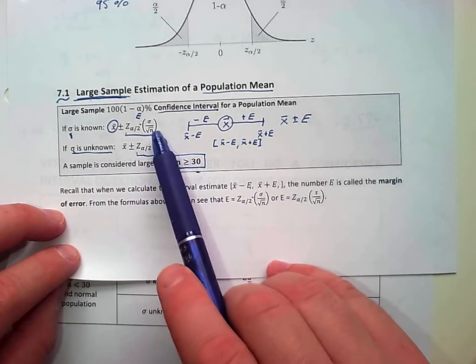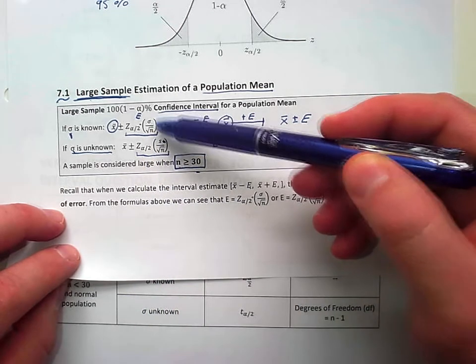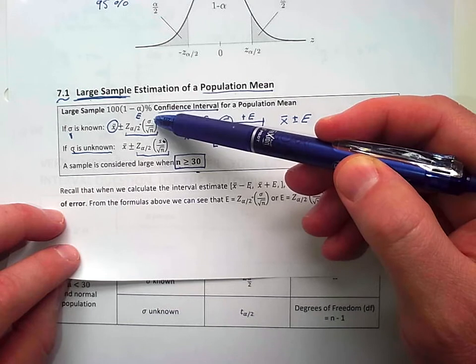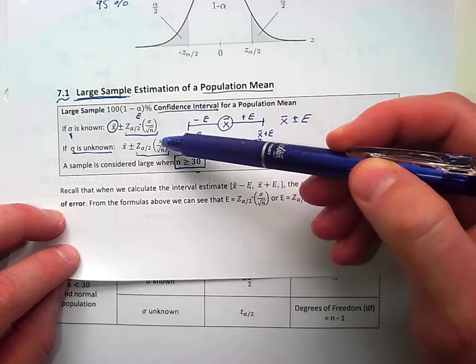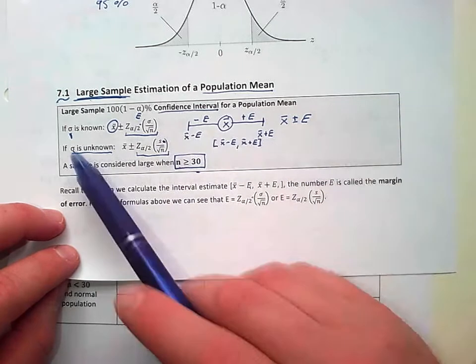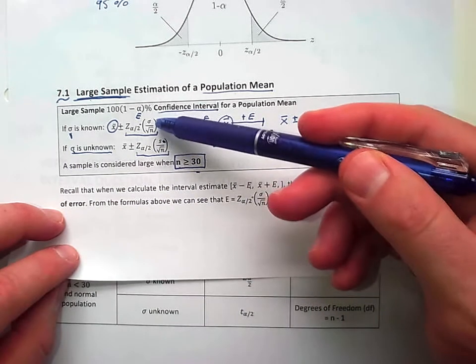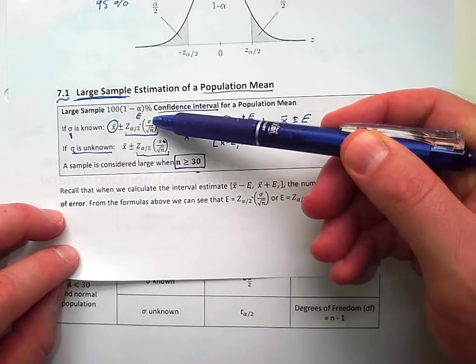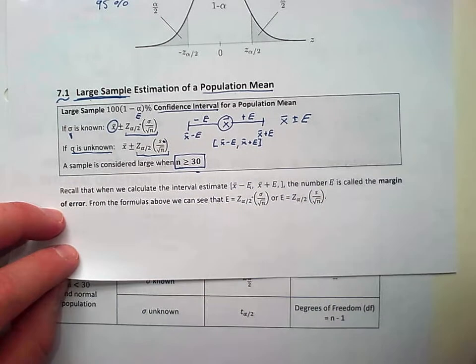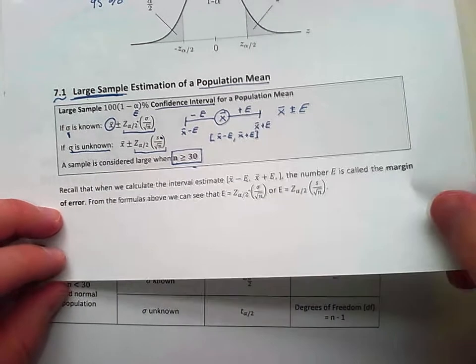But like I pointed out in the last lecture video, what changes between these two formulas is what's inside the parentheses, more specifically what's in the numerator inside both these parentheses. If we know sigma, we're going to use sigma up in the numerator. However, if we don't know sigma, we're going to use S, which is our sample standard deviation, instead.